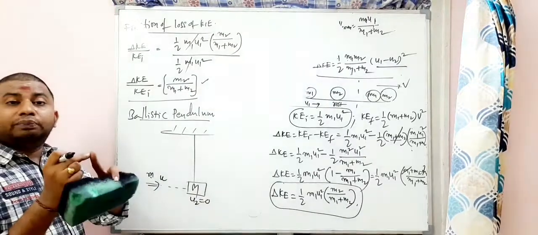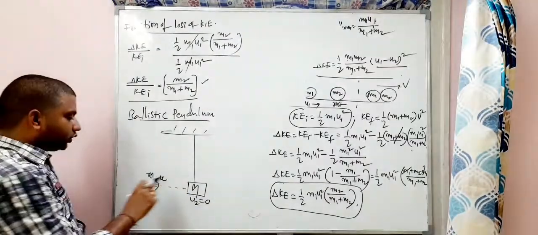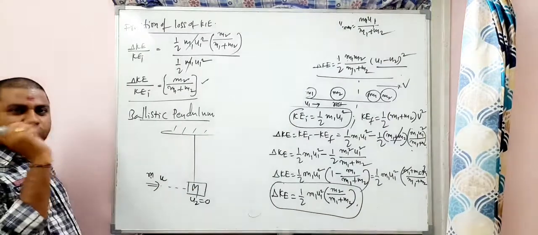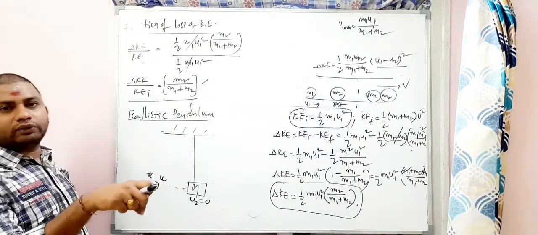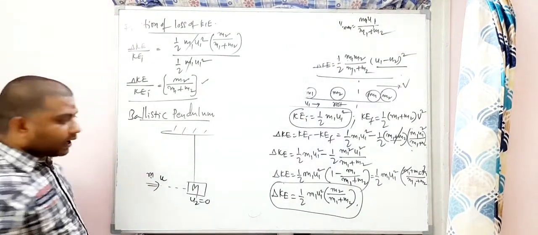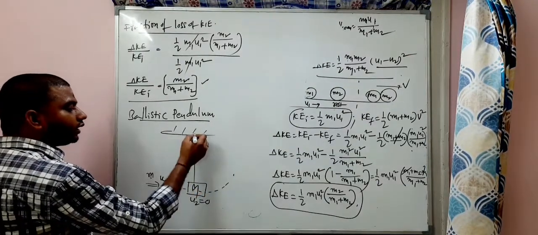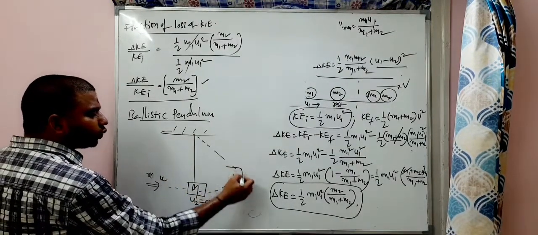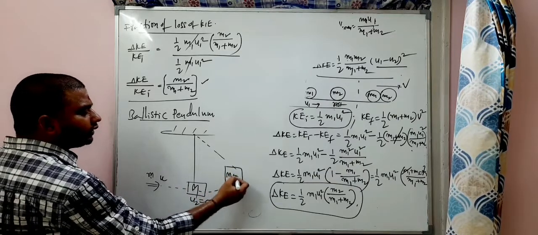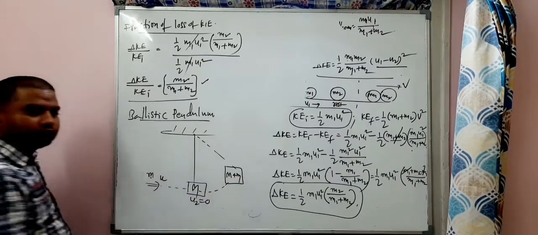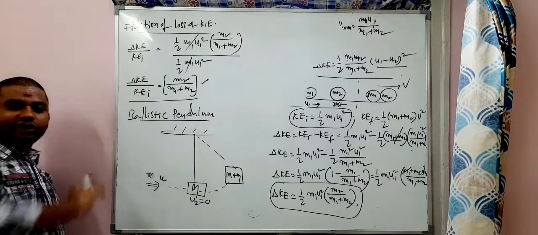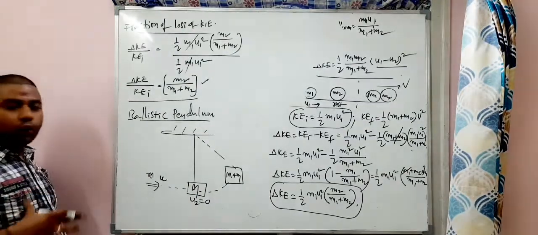The small bullet went inside the wooden block and is not coming out. Both wooden block and bullet move with some velocity v, a common velocity v.